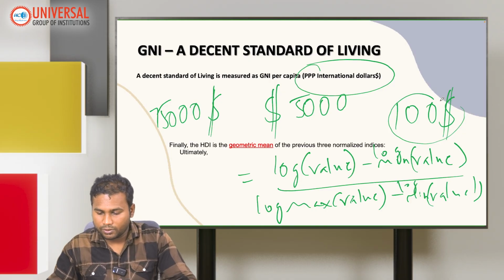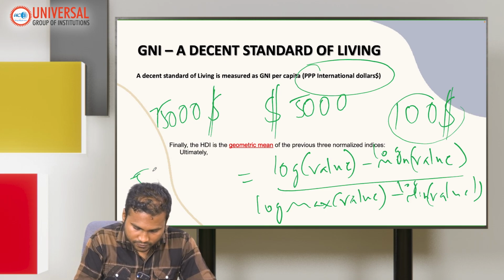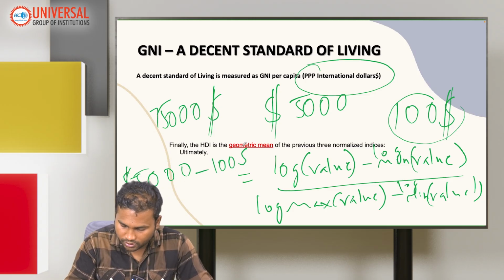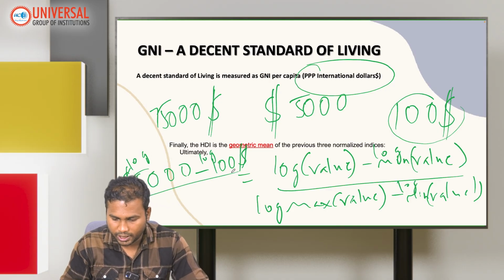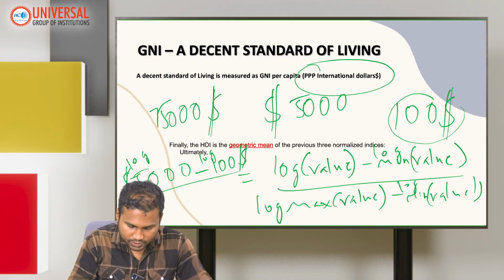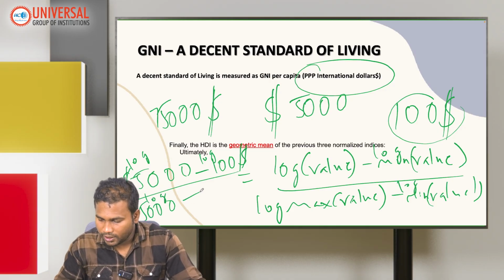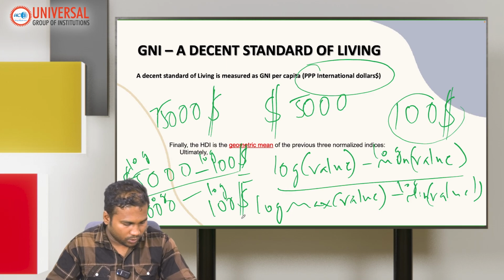So what we are going to do here is, let's assume, $5,000: log of $5,000 minus the minimum value, log of $100, divided by log of the maximum value, $75,000, minus log of the minimum value, $100. So what happens when we take a sum out of it?